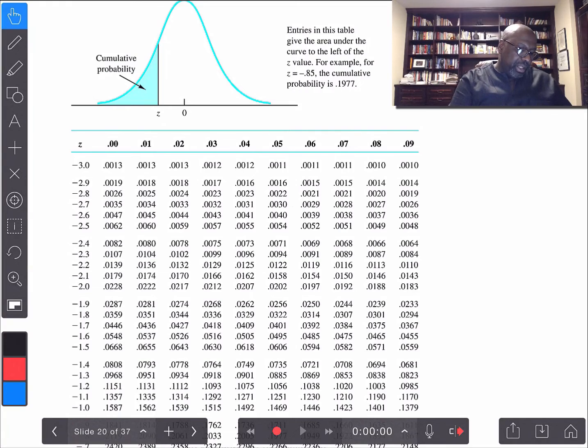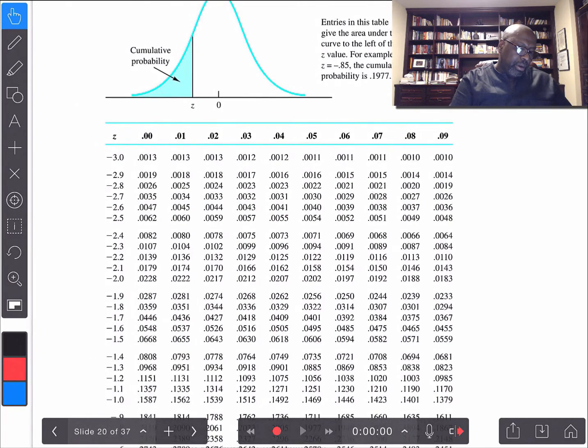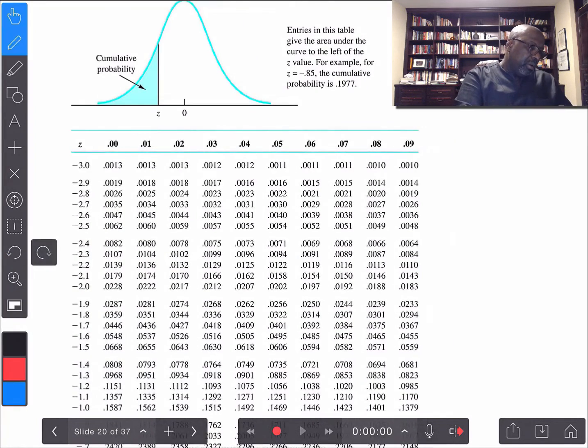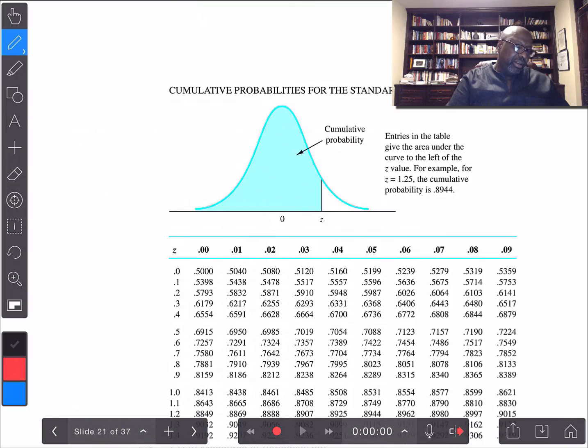So negative 1.75 is here. It's this value right here, 0.0401.